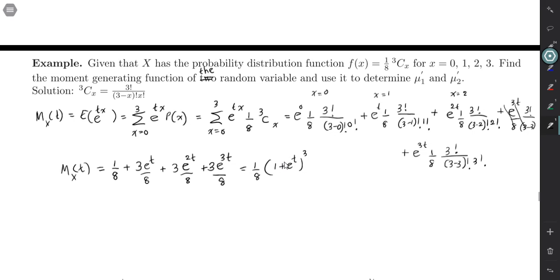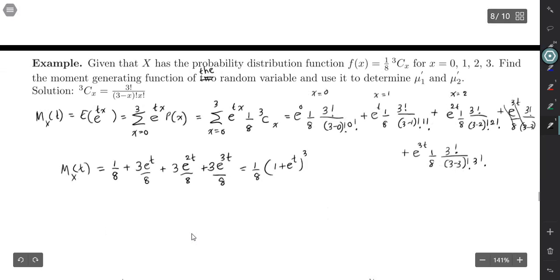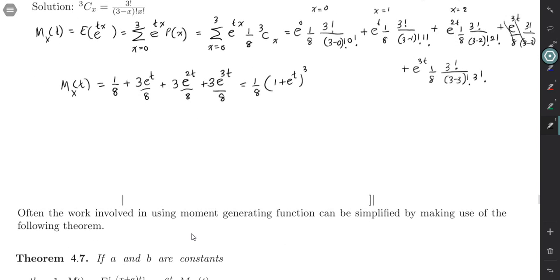What we need is the rth derivative with t set equal to 0, which gives the rth moment about the origin. In this example, we need only the first and second moments. Therefore, let's find the first and second derivatives with respect to t, and then find the moments.